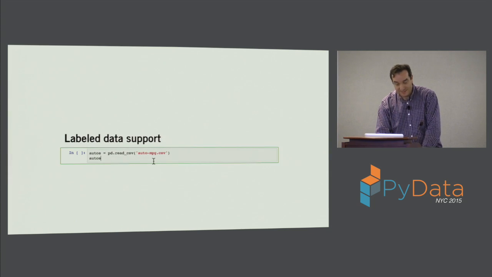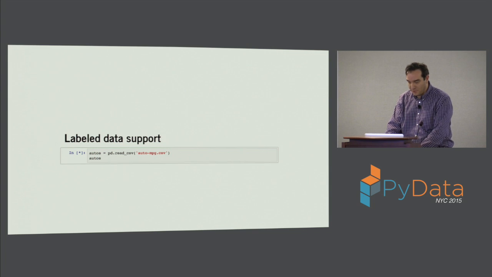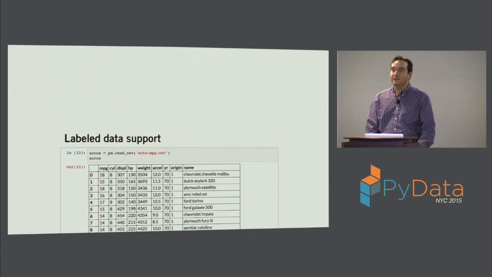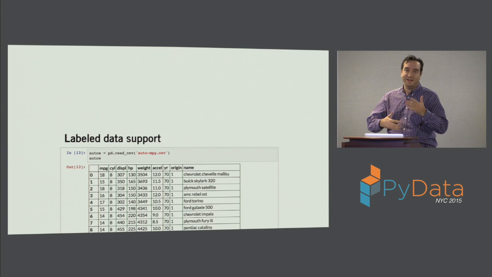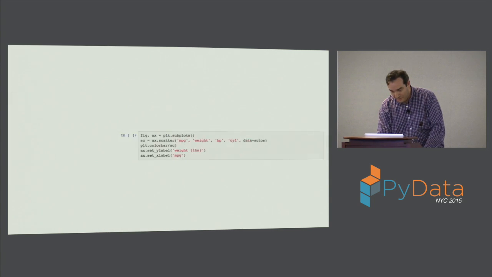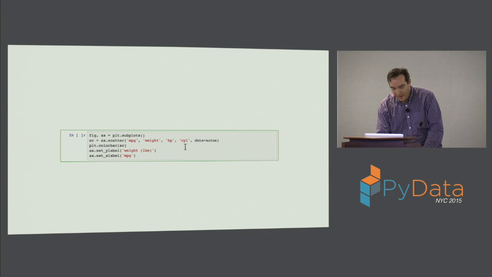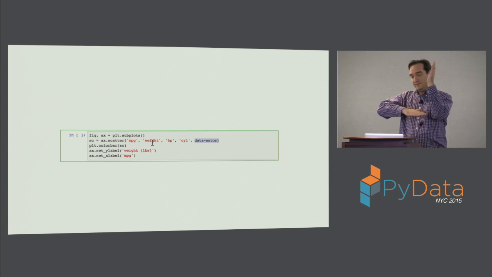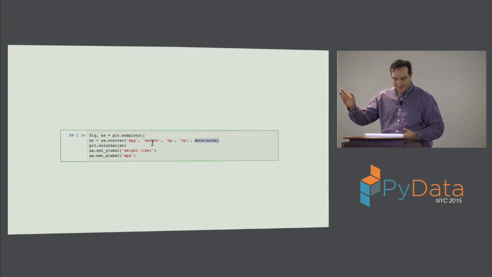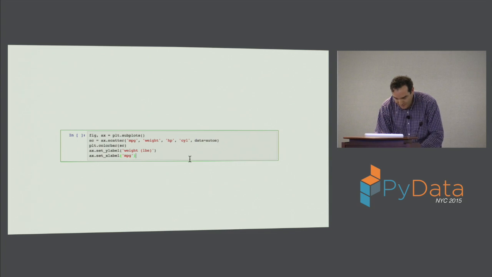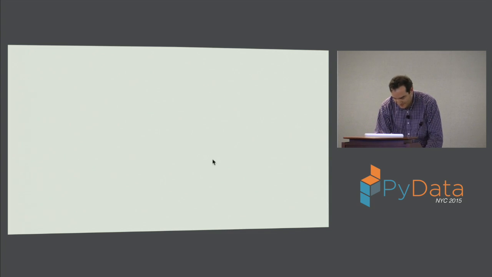We have labeled data support. So here I'm loading a CSV data set of cars, and it has their weight and miles per gallon and various things in the columns. And now with really just this one line of code, we can pass in a data frame to plot and say we want to plot miles per gallon versus weight, and use horsepower for the color and the number of cylinders for the size.